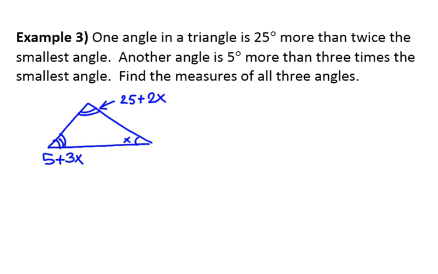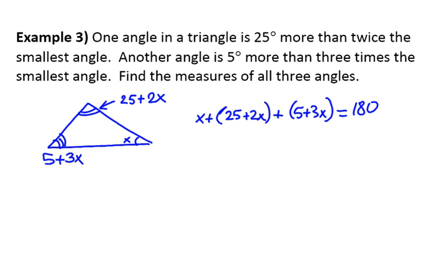So the sum is going to be 180. We're going to say x plus the angle 25 plus 2x plus the angle 5 plus 3x is 180 degrees. So our 3 angles add up to 180.